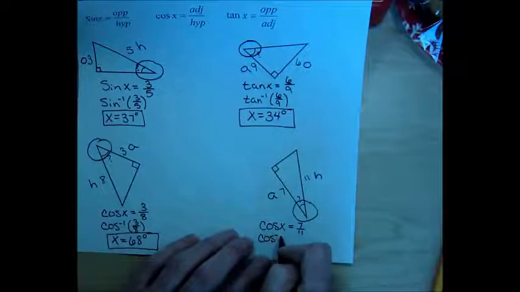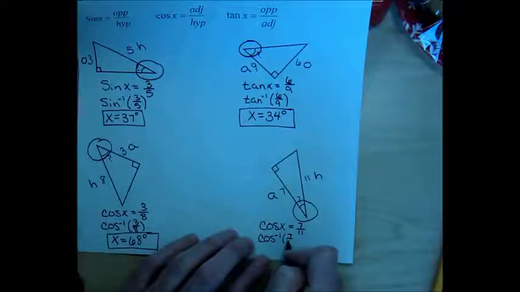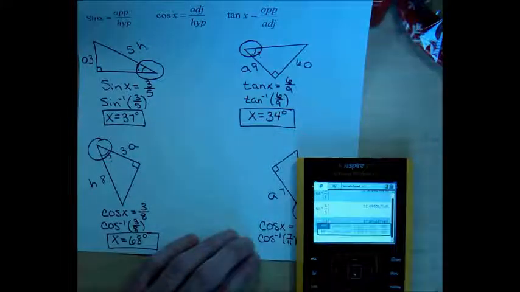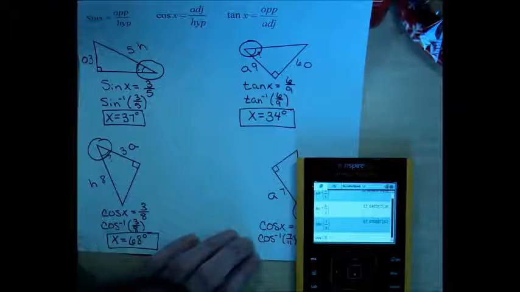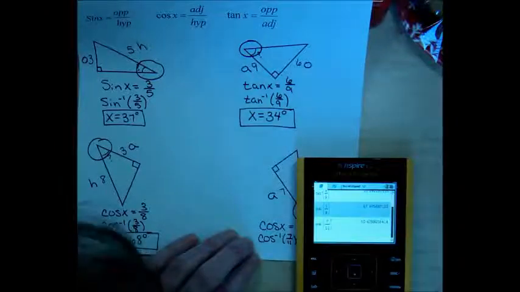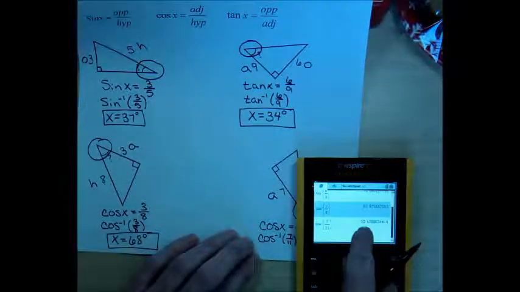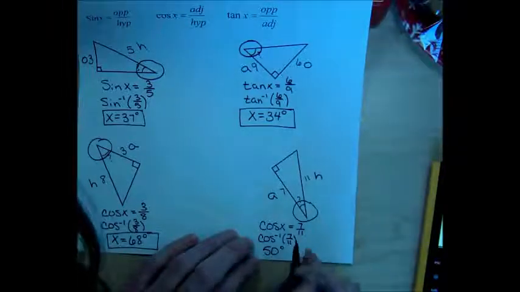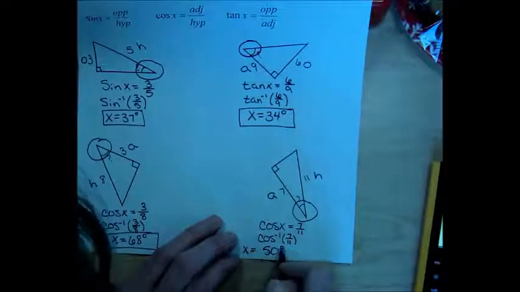So I'm going to do the cosine inverse because I'm looking for an angle. So that's 7/11 in the calculator. That comes up to 50.4, which remains at 50 because that 4 is less than 5, so the angle is 50 degrees.